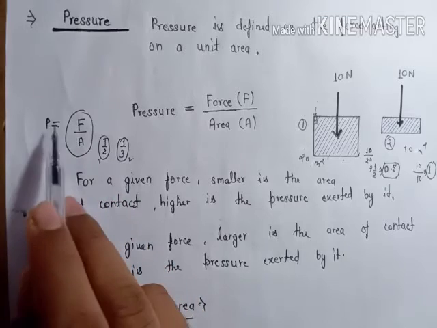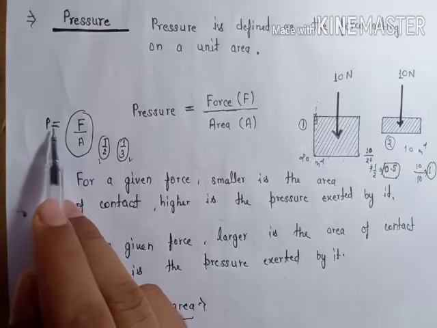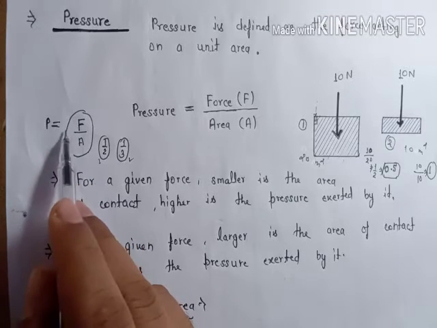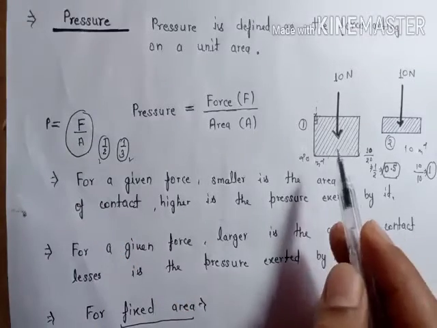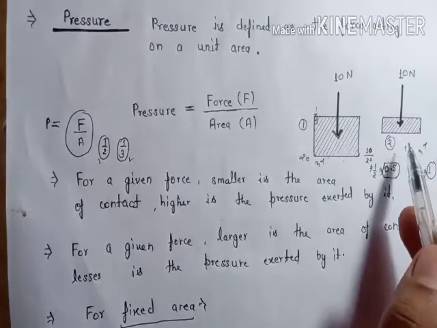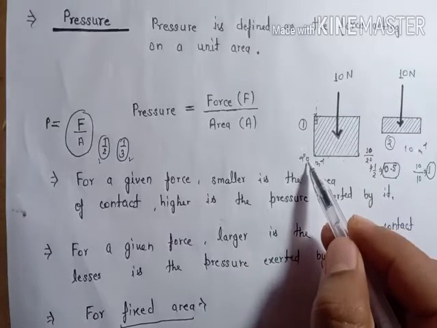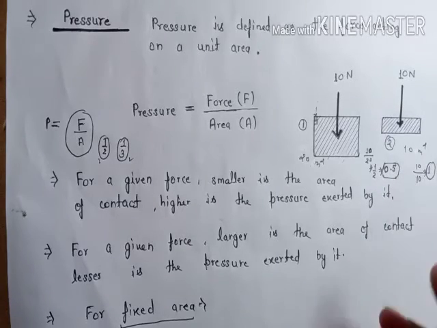The same thing applies in this formula: when you increase the area, pressure decreases because the overall value of the fraction decreases, as force is constant. You can take your example here: force is constant, but the area is 20 meter square here, and 10 meter square for the second plate.